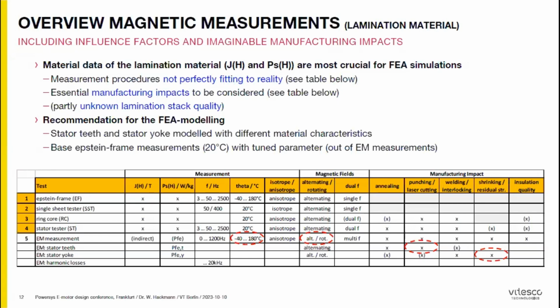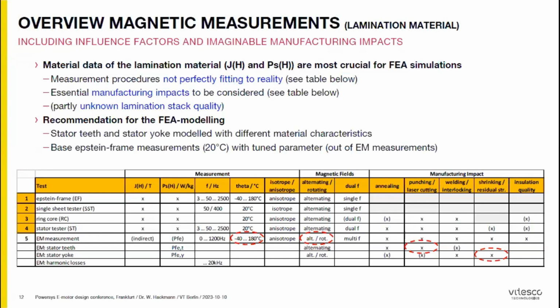Yeah, the reason why these curves are not fitting perfectly to the reality I've listed here. So normally the measurements were done with Epstein frame or with single sheet tester or with ring core samples, or there is also the possibility to have a stator tester from the company Brockhaus, for example. But these measurement techniques are referring normally to alternating fields only, mainly done at one temperature, and they do not have the impact of the manufacturing inside.